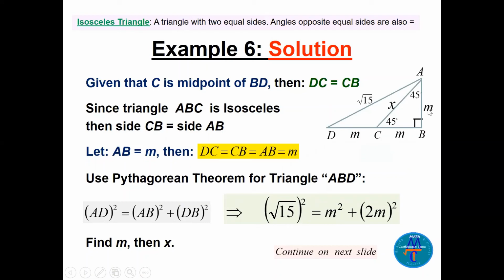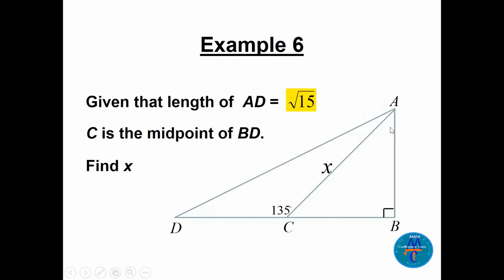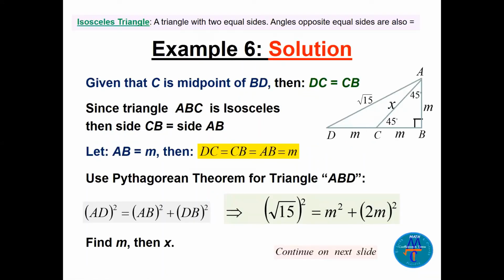I have here triangle AB, and here C and D. This is 45. See, this one here is 135. So this one will be 45, because 180 minus 135. So this will be 45. And this is already 45. Okay.